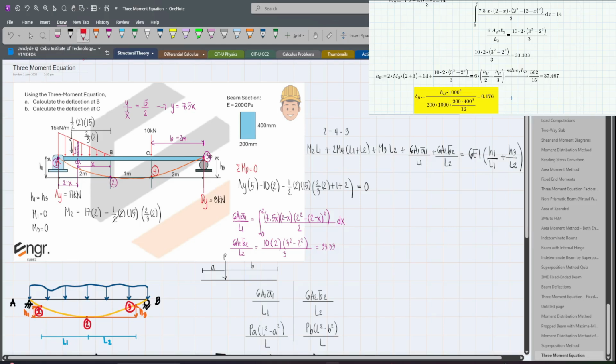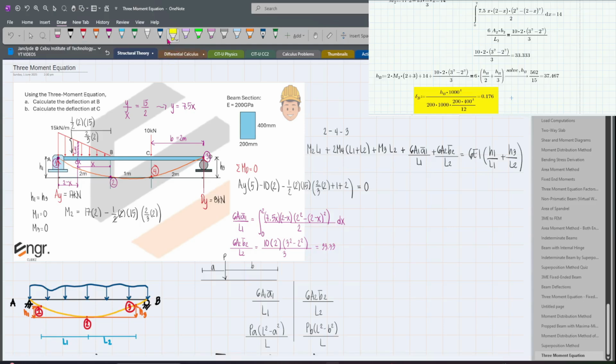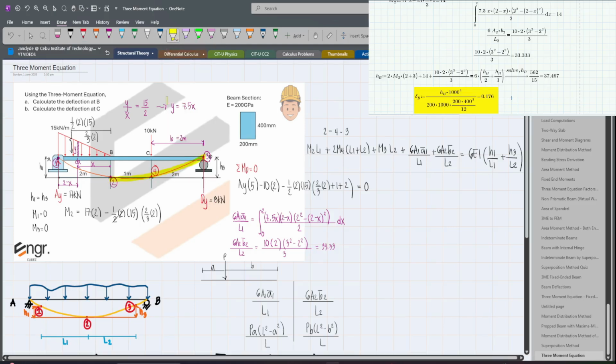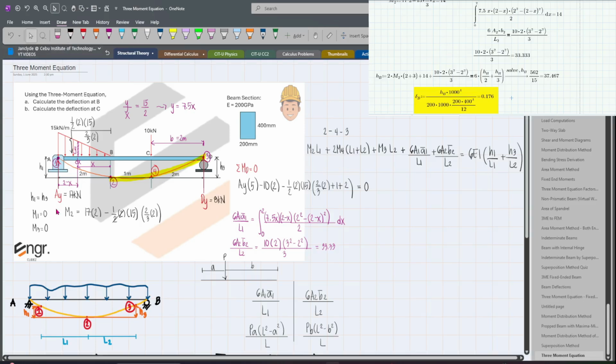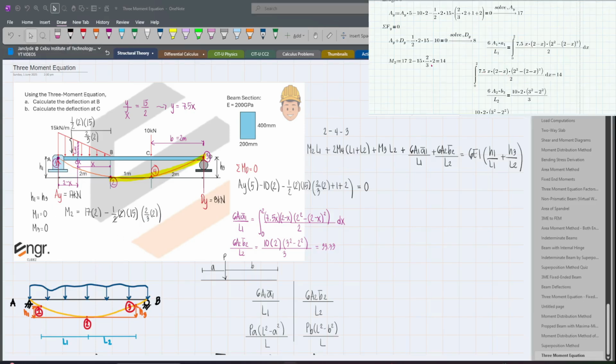So yung mangyayari dyan, if we are to consider the following points, highlight ko na lang. Ayan, if we are considering these points, then magkaka-value na yung M2. Diba? Kasi yung M2, yan yung nakuha natin kanina.